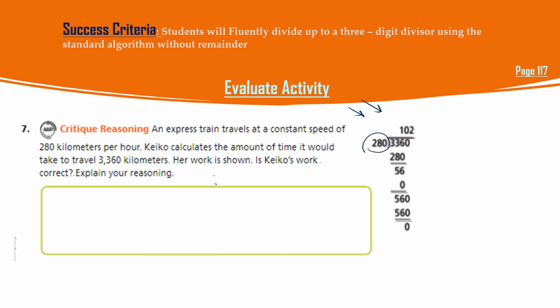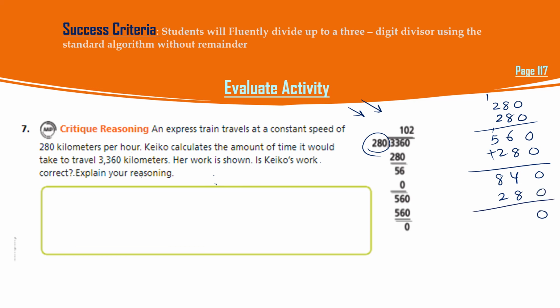Let's see here. 3360 and here 280. So let's write the table of 280. 280 plus 280, 0, 8 and 8 is 16, 1, 2, 4 and 5. Then again we will make 280, add them. So it will be 0, 14, 1, 5, 6, 7, 8. Again 280. Then 0, 2, here 8, 9, 10, 11.